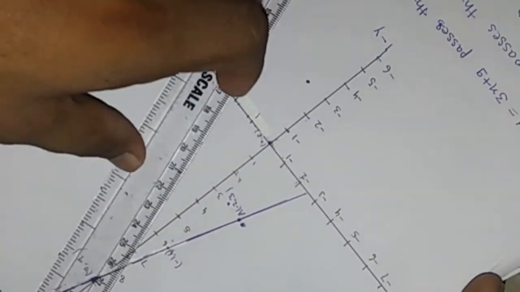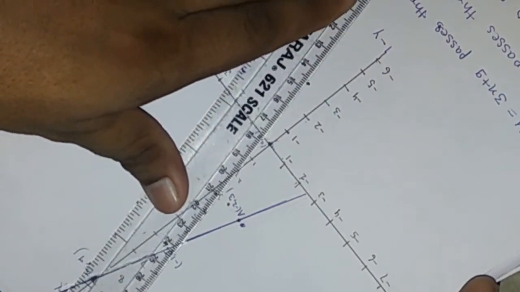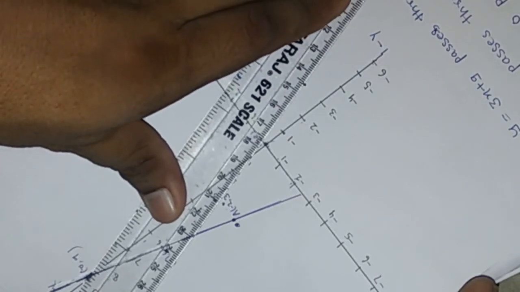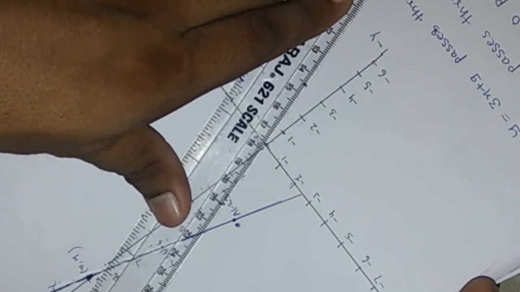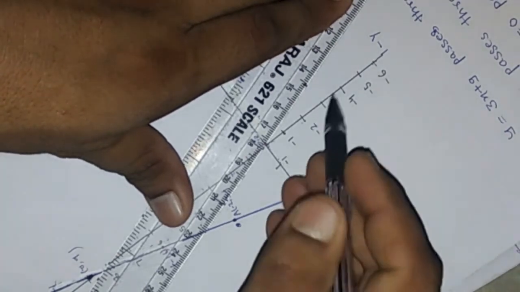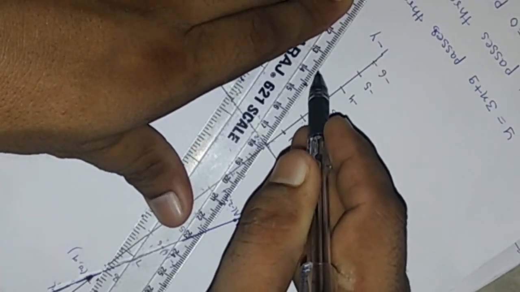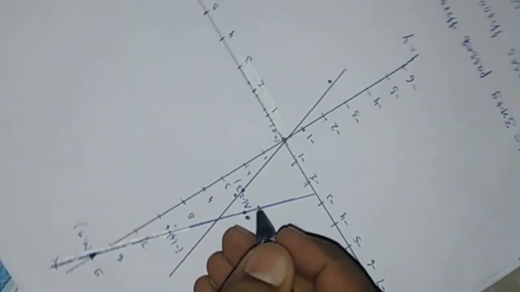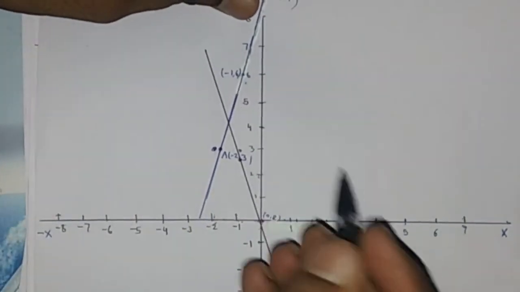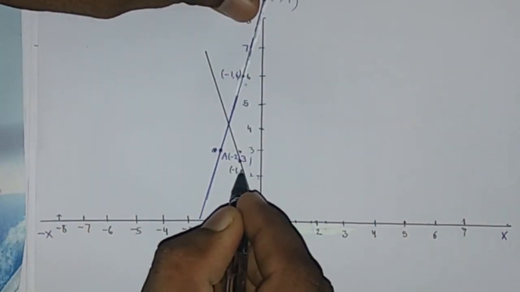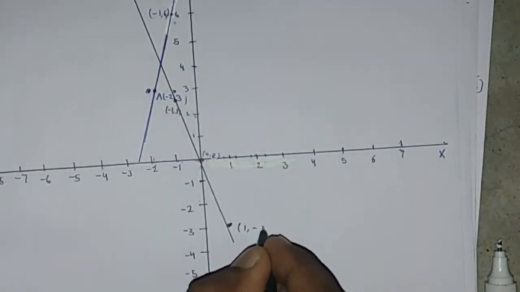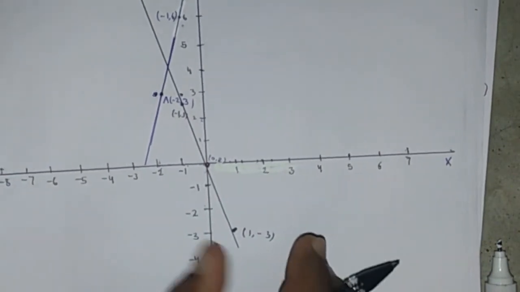Then join this line. It passes through minus 1 comma 3, 1 comma minus 3 and 0 comma 0.